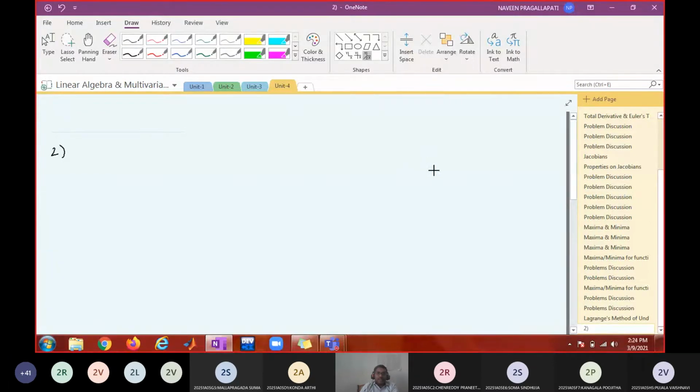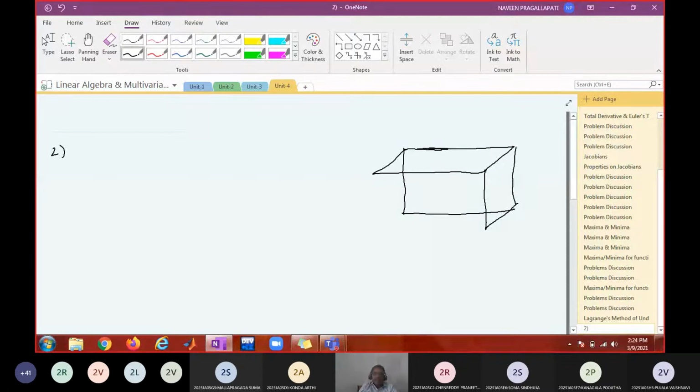So that it uses the least amount of material to construct it. It's an open box. Again, draw some diagram like this.